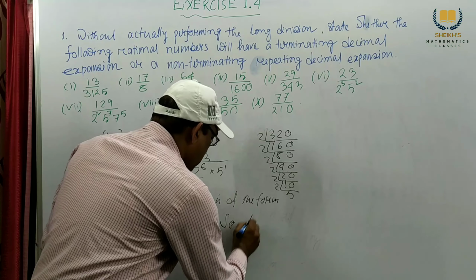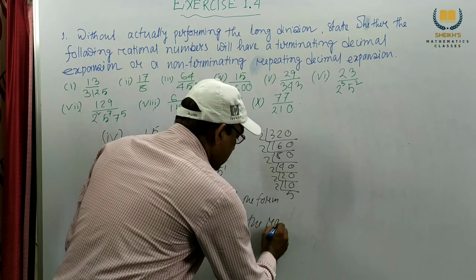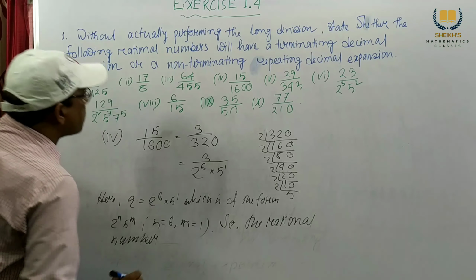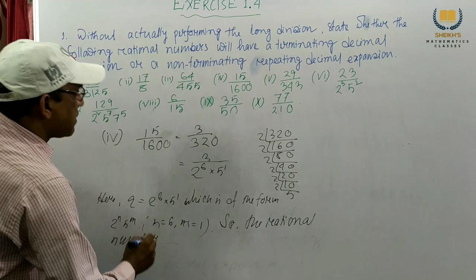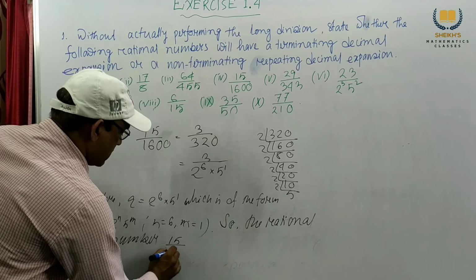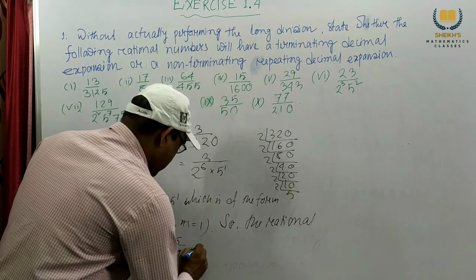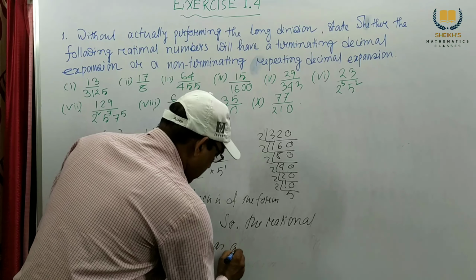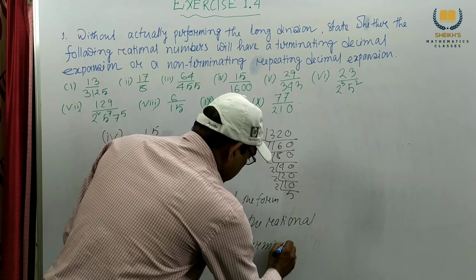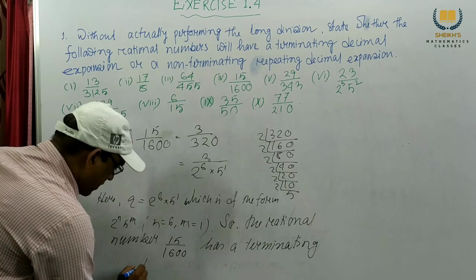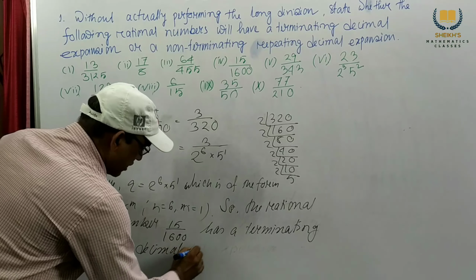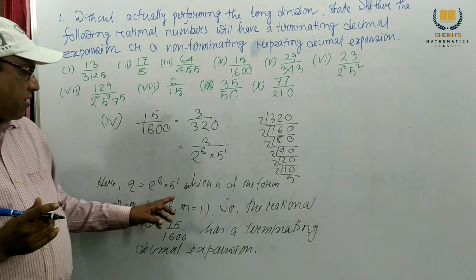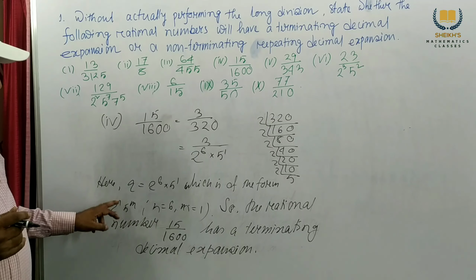So the rational number 15 by 1600 is a rational number that has a terminating decimal expansion, because the denominator is of the form 2 to the power n, 5 to the power m.